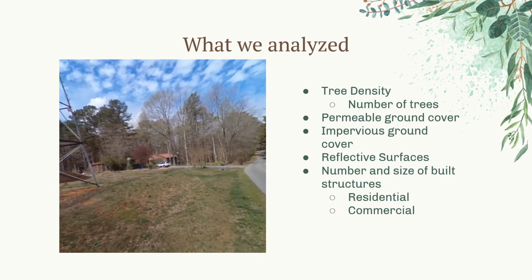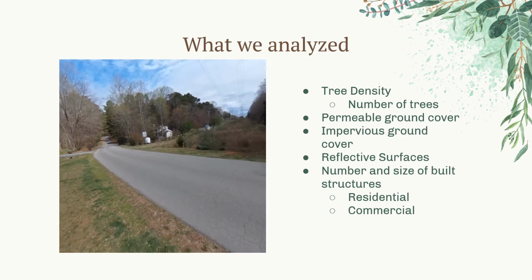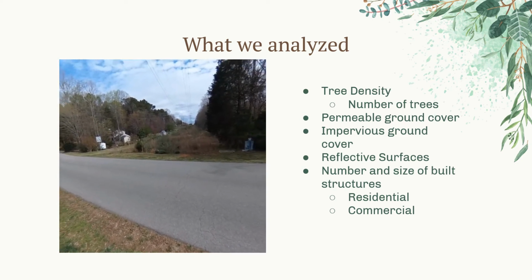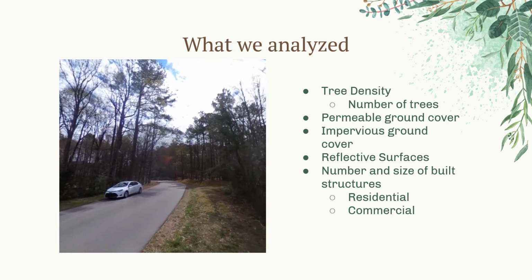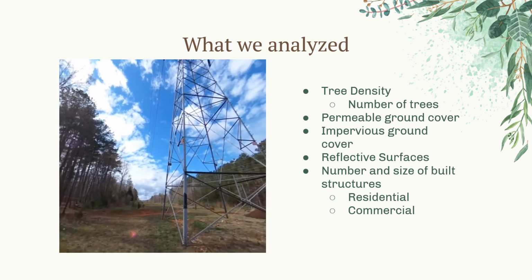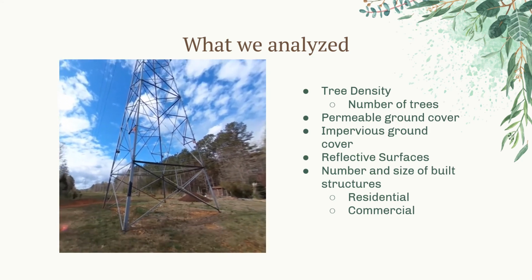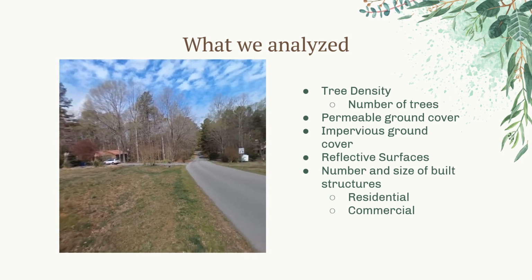The things we looked at were tree density, natural impermeable ground cover, impervious ground cover, reflective surfaces, and number and size of built structures. The attempted analysis of these subjects allowed us to determine the plausibility of their analysis, as well as develop a protocol for standardization.